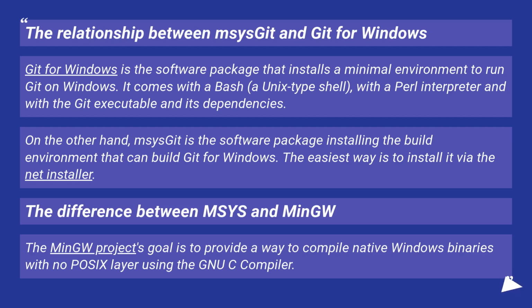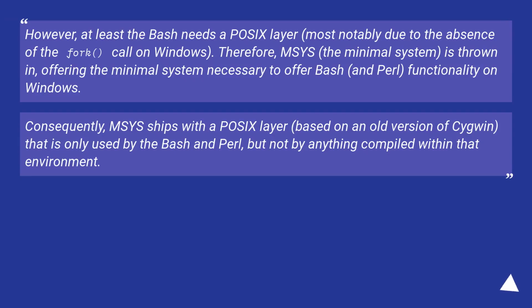The difference between MSYS and MinGW. The MinGW project's goal is to provide a way to compile native Windows binaries with no POSIX layer using the GNU C compiler. However, at least Bash needs a POSIX layer, most notably due to the absence of the fork call on Windows.